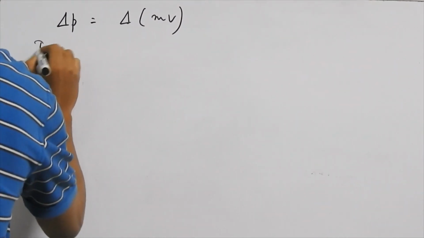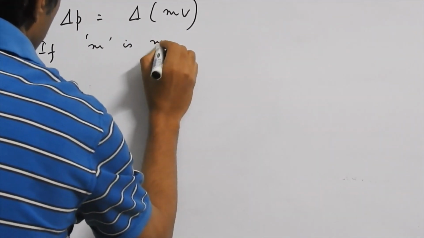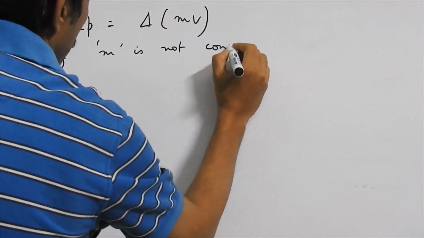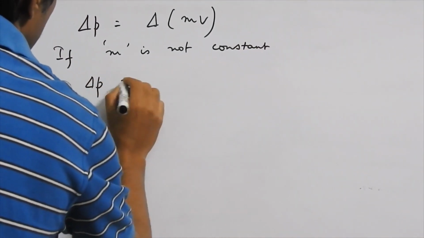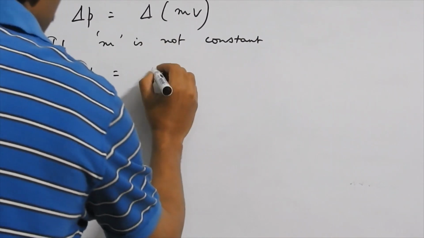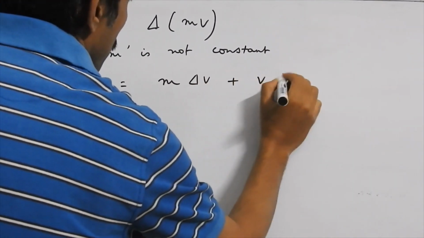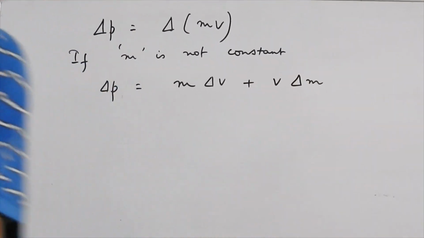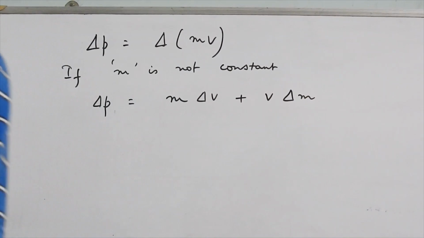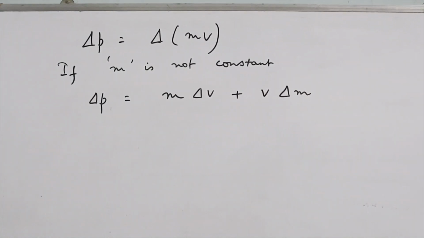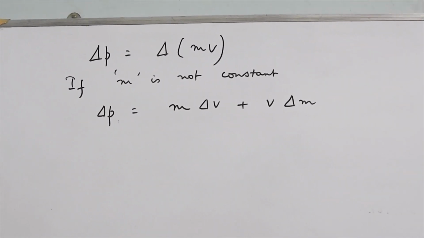If mass is not constant, then this change in momentum is equal to mass into change in velocity plus velocity into change in mass. Now this situation will only arise if mass is not constant, if mass is increasing with time or decreasing with time. I have already given some examples.